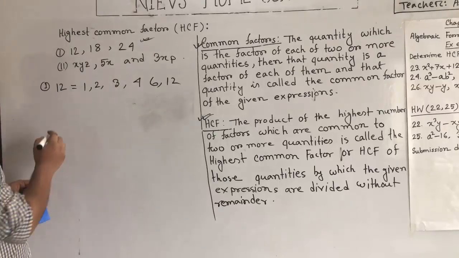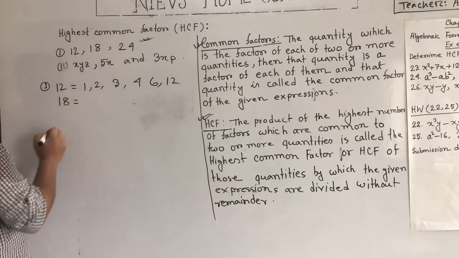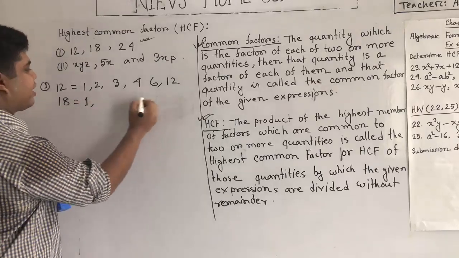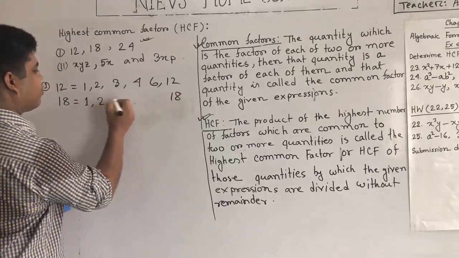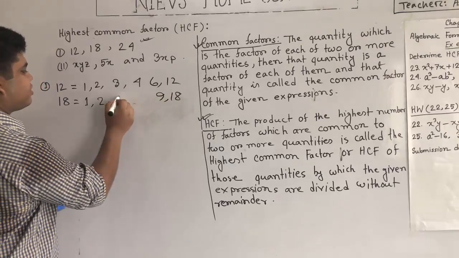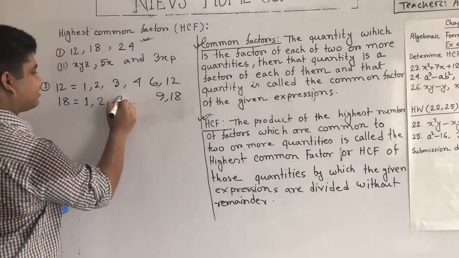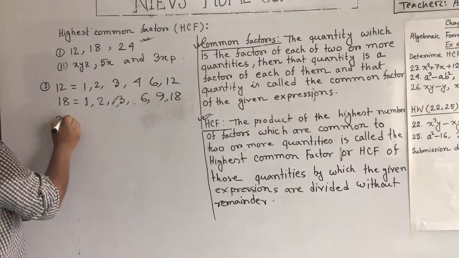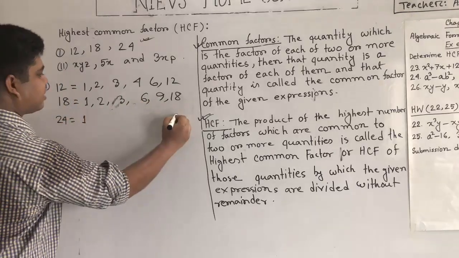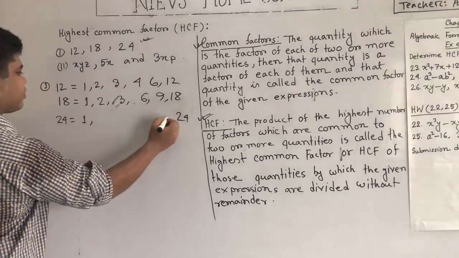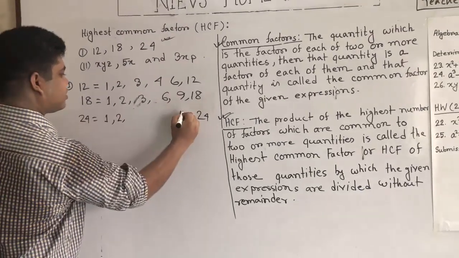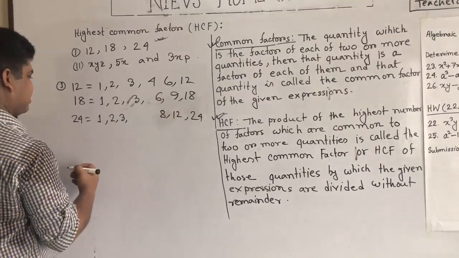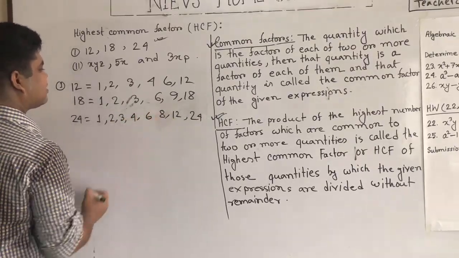Next, the factors of 18 are 1 and 18, 2 and 9, 3 and 6. And the factors of 24 are 1 and 24, 2 and 12, 3 and 8, 4 and 6.